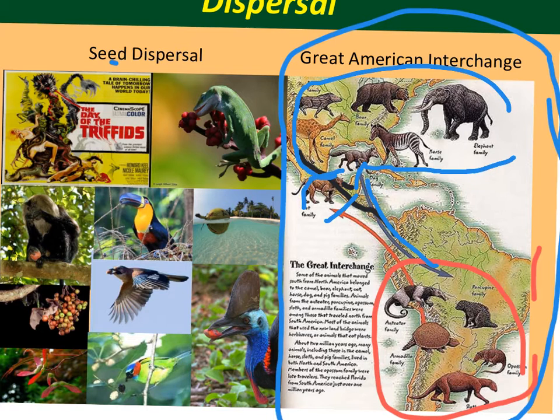And there are tapirs in South America down here. But all these things like this are extinct. Camels are extinct, except they're down here, and all that. So this is all dispersal made possible by the Isthmus of Panama. Okay.